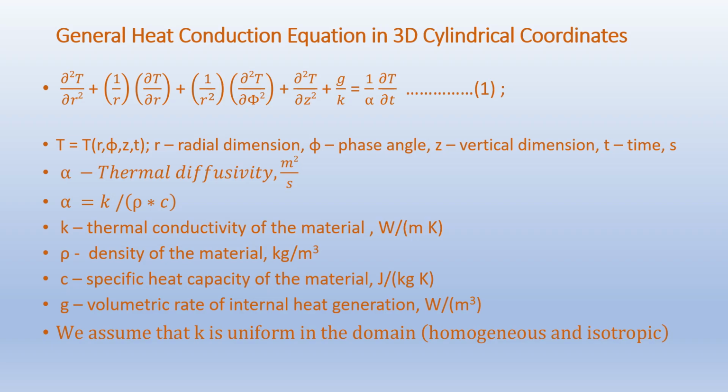And G represents the volumetric rate of internal heat generation in watts per meter cube. Here we assume that the thermal conductivity K is uniform in the domain. In other words, it's homogeneous and isotropic.